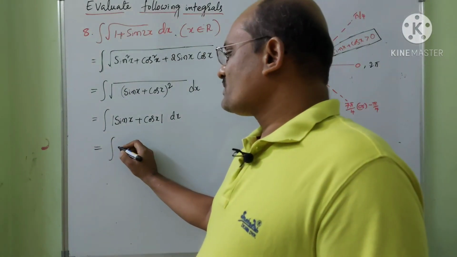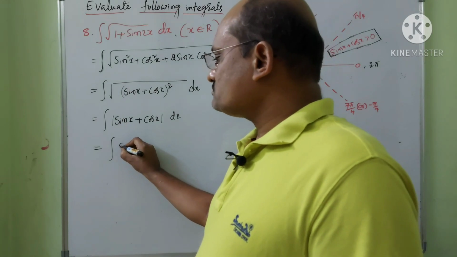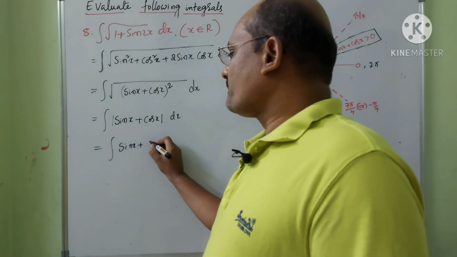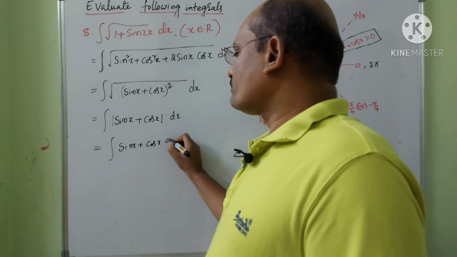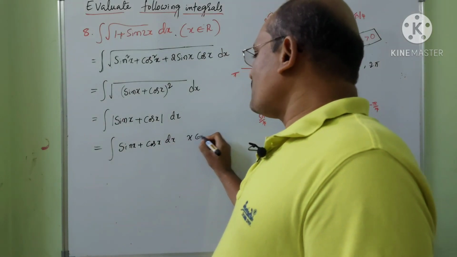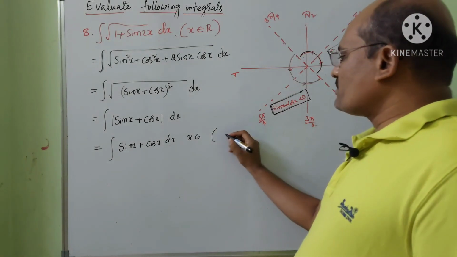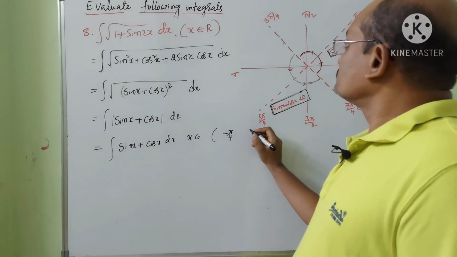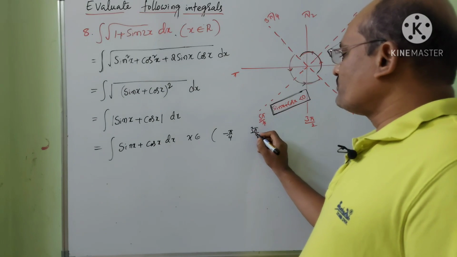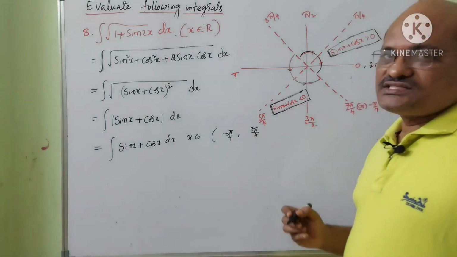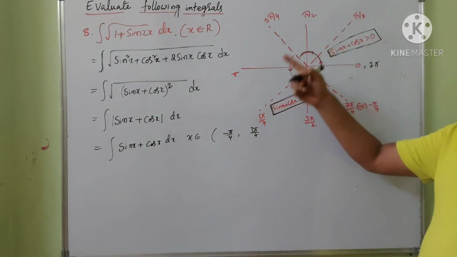This is positive for x belongs to minus pi by 4 to 3 pi by 4. In general, this is for one round.